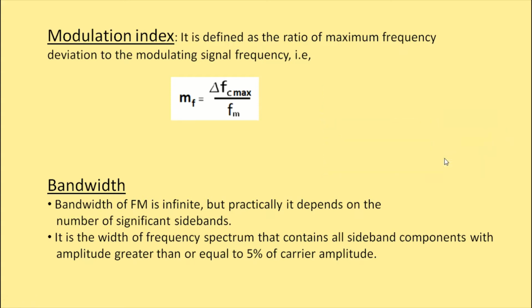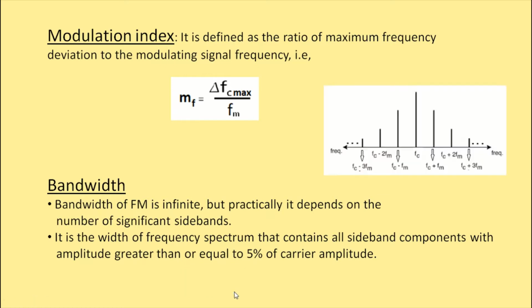Moving ahead, the formula for bandwidth is 2n FM. In the previous condition, I took two sidebands. Coming back to the diagram, two upper sidebands and two lower sidebands will be the significant sidebands. So 2 into 2 FM, that is 4 FM.